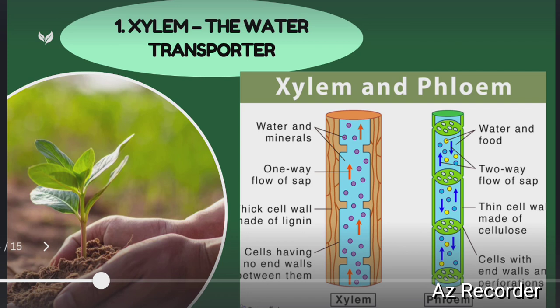Whereas the phloem transports the food in both directions, upward as well as downward, and it is an active process. Why? Because it uses ATP or energy during the food transportation from top to bottom and bottom to top. So this is all about the simple mechanism of transportation in plants.